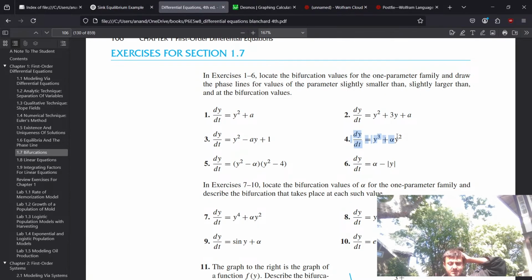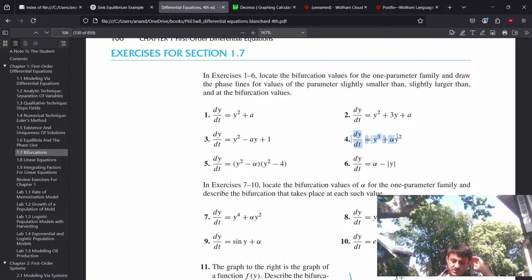So what does that give us? That gives us an easy formula for determining, for a given value of a, whether it's a sink or a source.